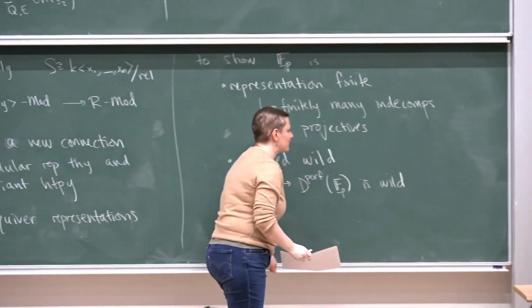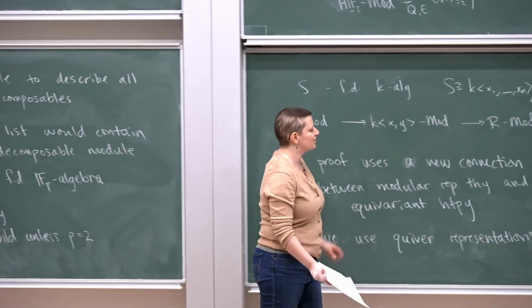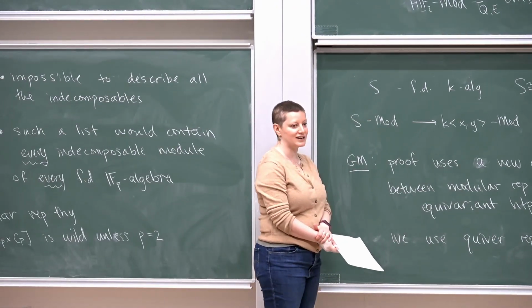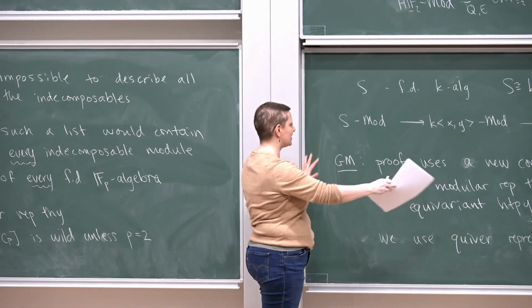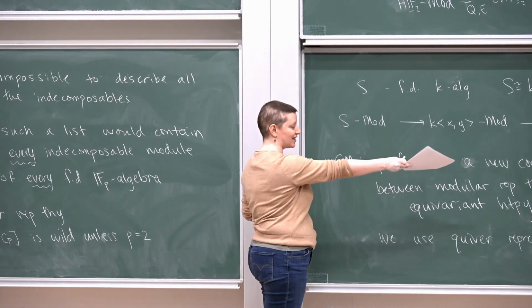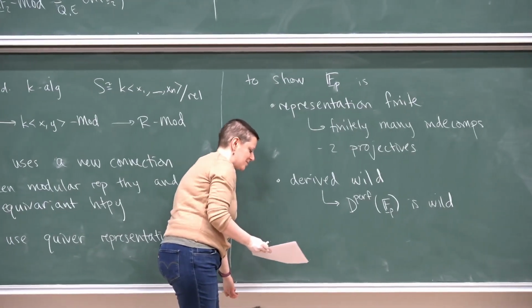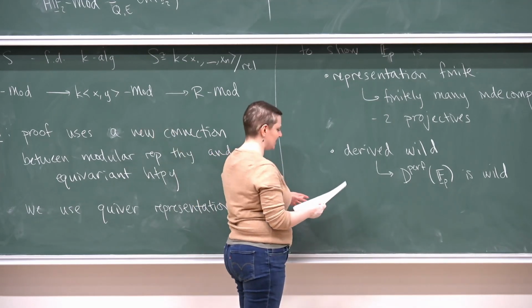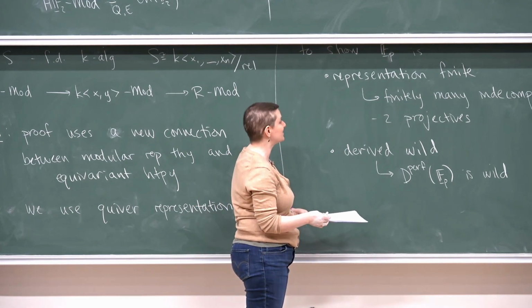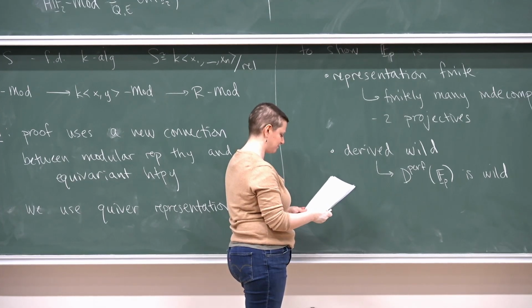And so what we do is we find a strict family of complexes over this free algebra on two generators, where K is FP. And that strict family of complexes does this same kind of thing and shows us that this derived category somehow has an isomorphism class of indecomposable for every isomorphism class of indecomposable of every finite dimensional FP algebra.